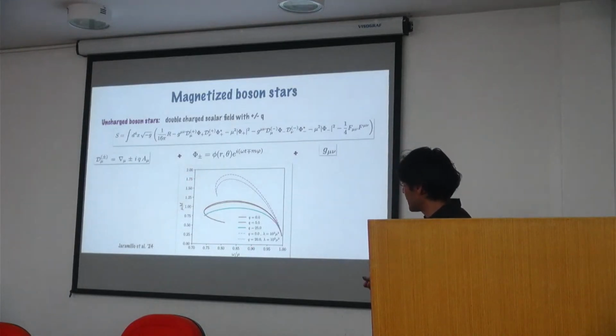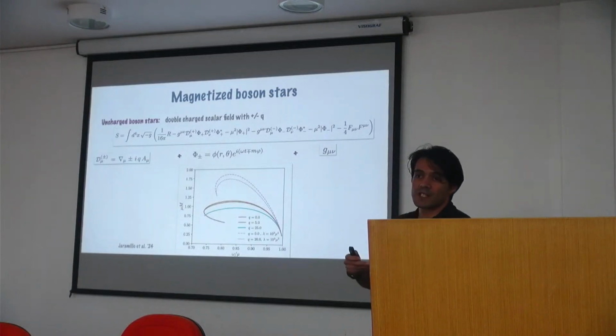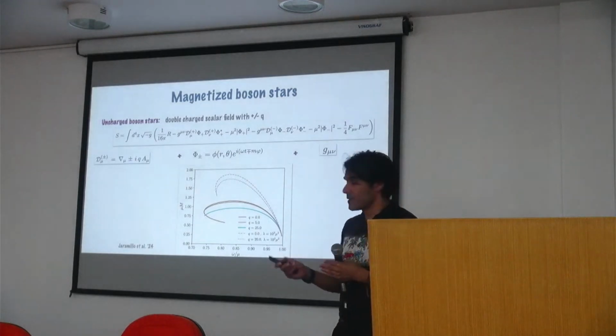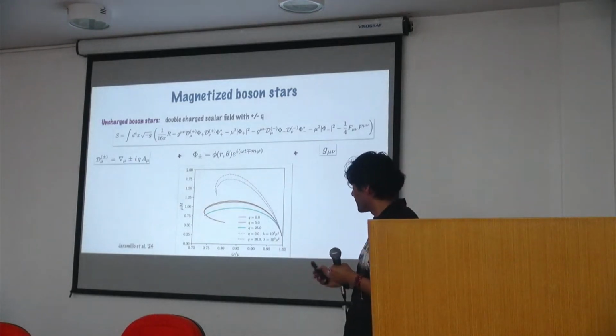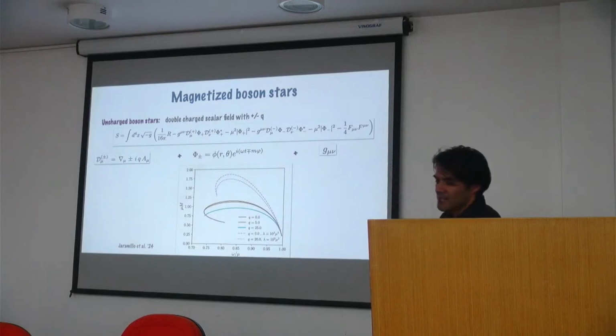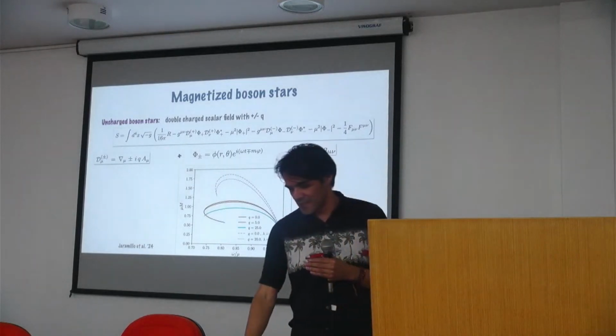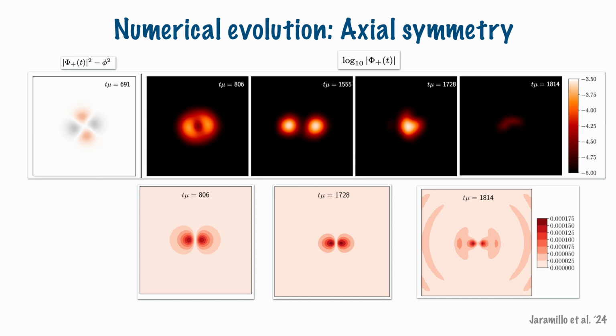So this one is when we have 0, this is the axisymmetric star, and when you increase the charge, that is essentially increasing the strength of the magnetic field, it goes down. So the larger the magnetic field, the smaller the mass of the system. This is what we have here. All right. So now, what's going to be the outcome of this, the stability property of these stars? And it turns out that it's basically the same.